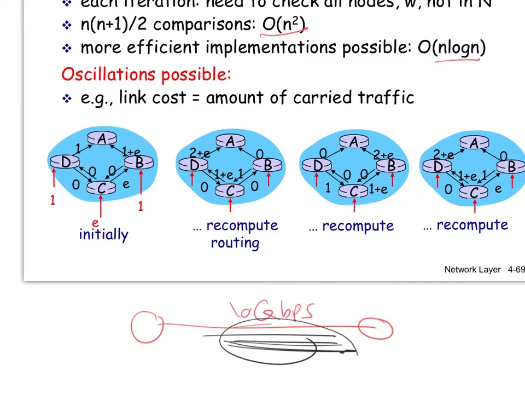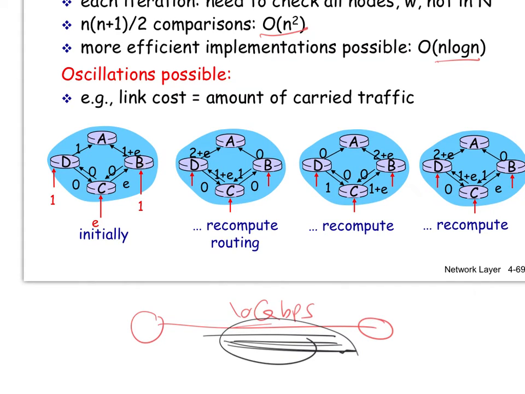It's the cost of B to C, and the cost of C to D, and the cost of D to A. The other assumption here is that the cost on the link is bidirectional, which means that the cost from this to this is E, but the cost from here to here depends on the traffic coming from B to C, which is directed. Which means that the current cost from B to C is zero.